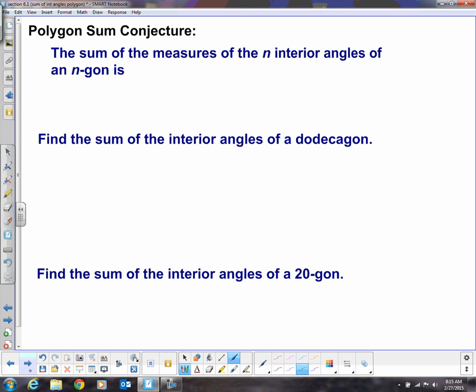All right. So yesterday, you discovered that the sum of the measures of n interior angles of an n-gon is n what? Good. N minus 2 times 180.